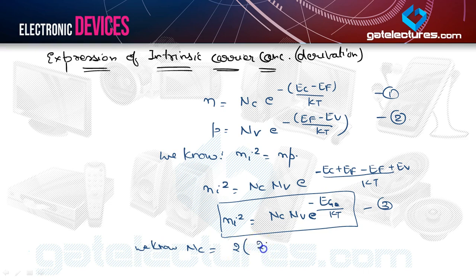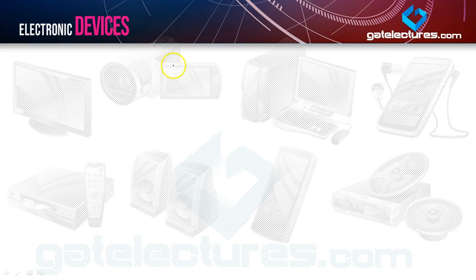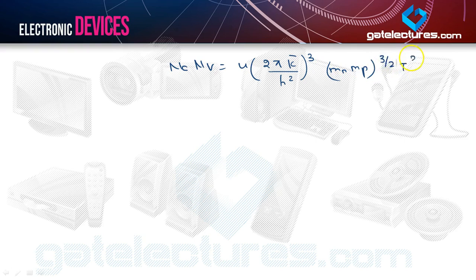Now we know that Nc is 2 into (2 pi k bar T Mn upon h square) to the power 3 by 2, and your Nv is 2 into (2 pi k bar T Mp upon h square) to the power 3 by 2. Plug these values in, you get Nc Nv as 4 into (2 pi k bar upon h square) cube (Mn Mp) to the power 3 by 2 T cube.